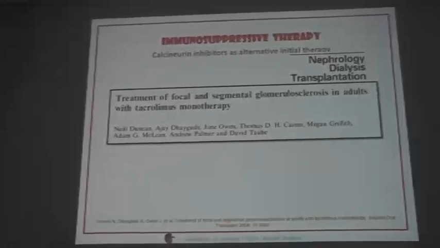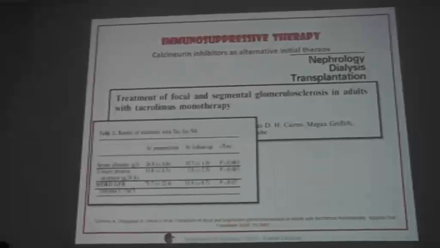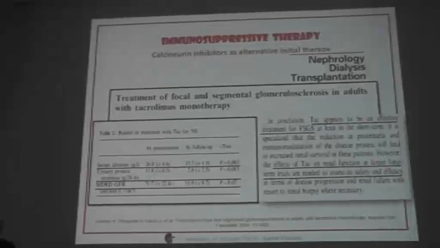This data is talking about the treatment of focal segmental glomerulosclerosis in adults with tacrolimus monotherapy. This study showed the benefit of improving proteinuria at follow-up in terms of remission. It clearly mentions that TAC appears to be an effective treatment in focal segmental glomerulosclerosis.